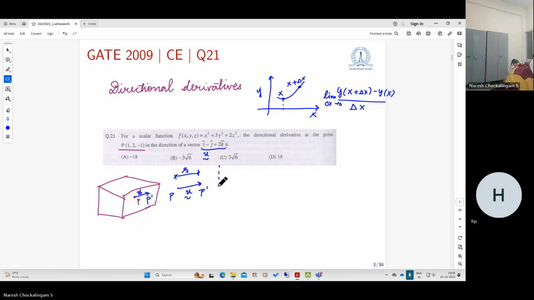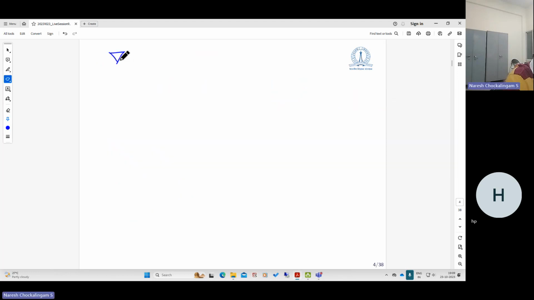The directional derivative in the direction u of a function f is defined as follows. Suppose x is the point where you need to find the directional derivative. Move along u by a small value h: f of x plus h u, minus f of x, divided by the distance you have moved.